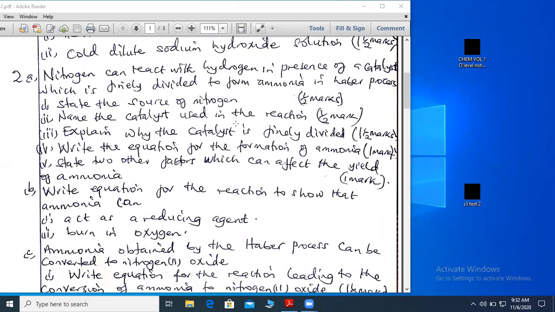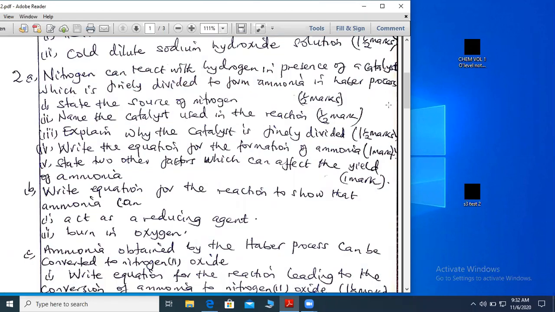Name the catalyst used in the reaction. The catalyst is iron. They have already told you that it is finely divided, so there is no need for you to say it is finely divided iron. Name the catalyst, and for a half mark, just put iron as the answer. Explain why the catalyst is finely divided.